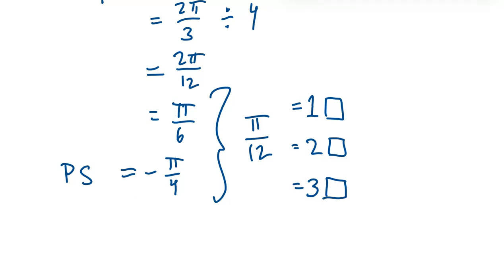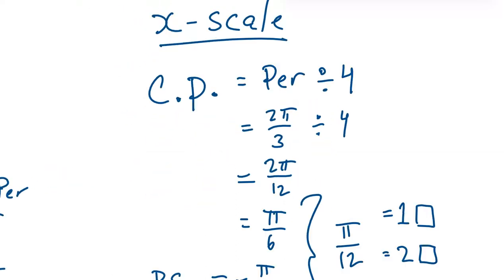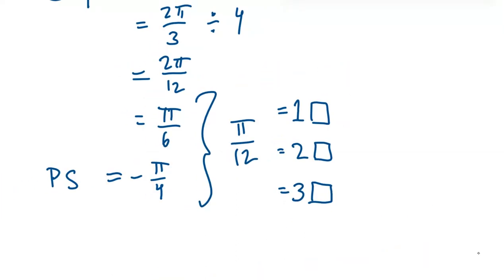If I'm counting by 15 and there's 30 between critical points, how many times do I have to count to get to the next critical point? 2. That's easy. Counting by 15 is 15, 30. 15, 30, 15, 30 every single time, right? 15, 30, 45, 60, however you want to think about it. And this is the same thing. So if I'm counting by pi by 12s, I got to go twice to get to pi by 6. So if pi by 12 is 1 square, I would have 2 squares between critical points.